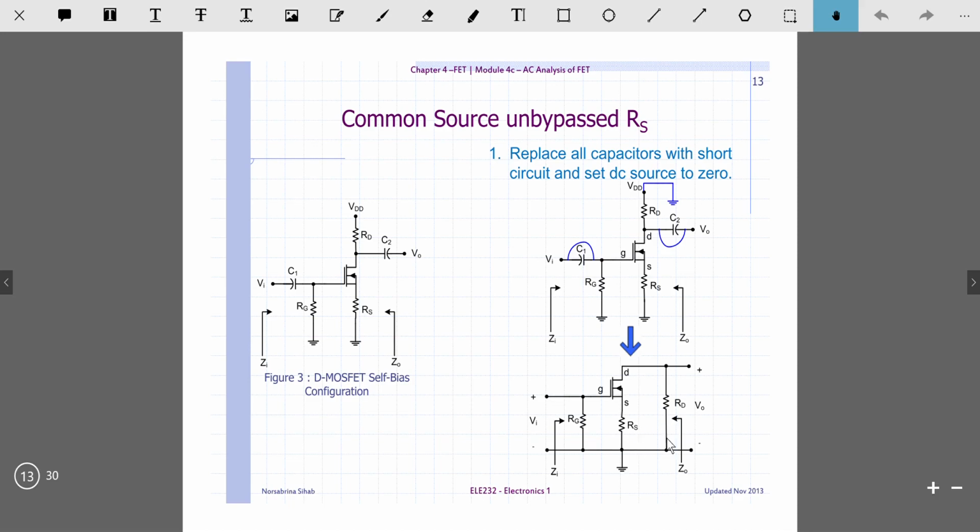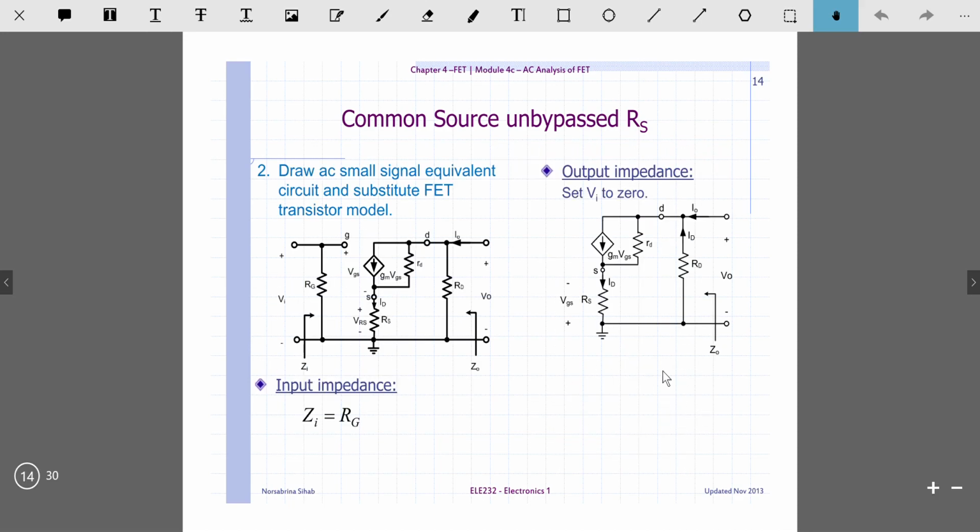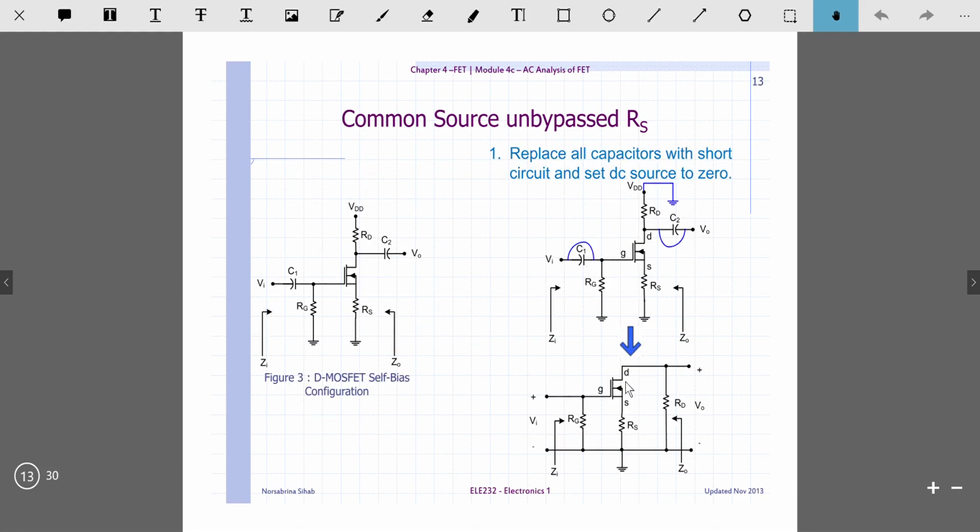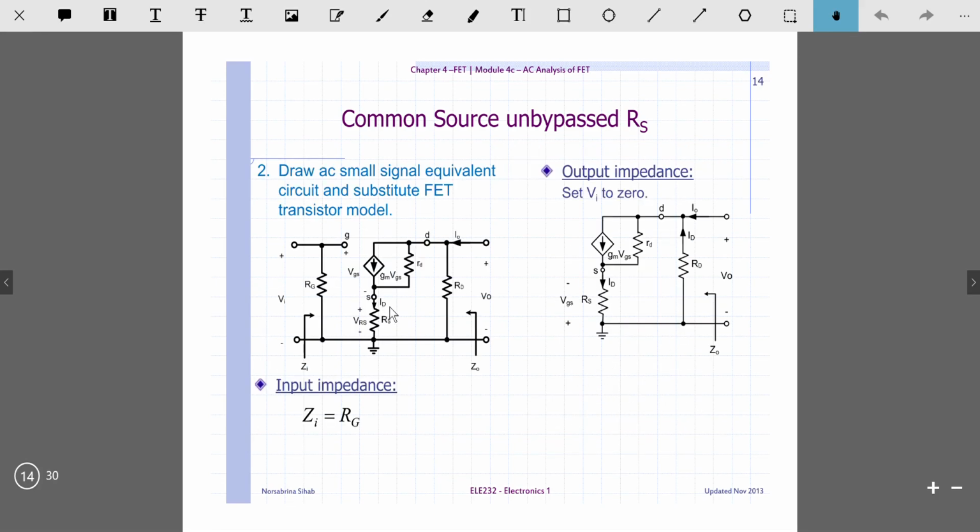After you have redrawn the circuit, substitute the AC small signal model into the circuit, by substituting this symbol into the AC small signal circuit. So you will have this kind of circuit. This is the AC small signal equivalent circuit after you have substituted the FET transistor model here.